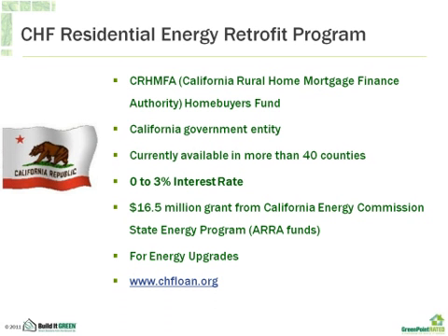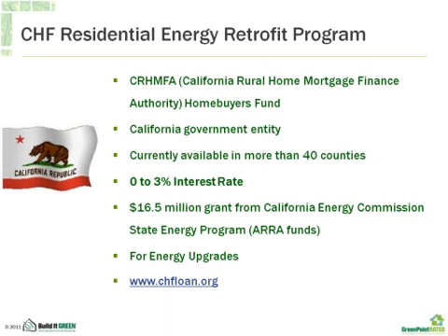The CHF Residential Energy Retrofit Program is available in a lot of counties. It looks like it's more than 40 at this point. Again, you'll have to look at your county on the Energy Upgrade California website and see if it's available. There is an income cap for anybody who would qualify for this, but it's a pretty high cap.